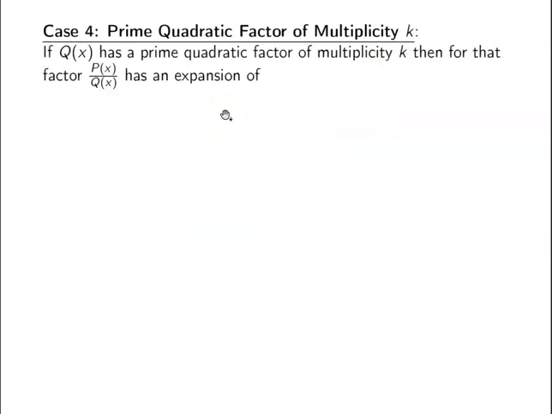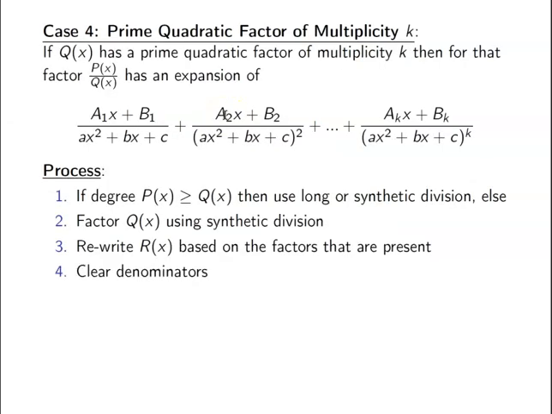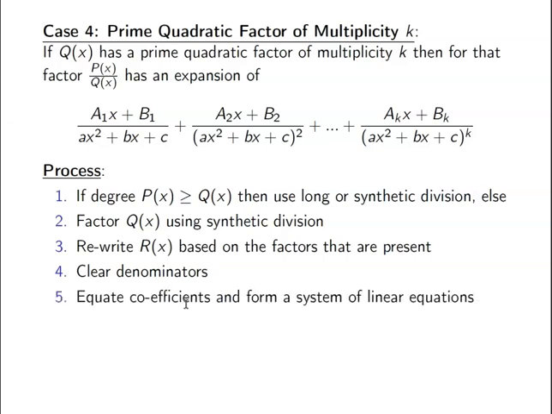We would write that out so that we can set up step 4, which is to clear denominators. So I'm writing the original R of x equal to this decomposition that I found. I'm going to clear denominators by multiplying both sides of the equal sign by the largest common multiple, so that I get rid of all the denominators.